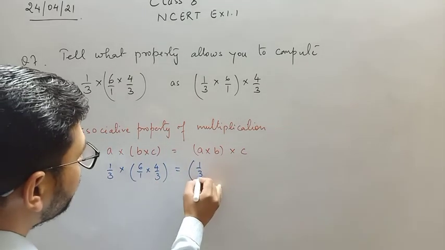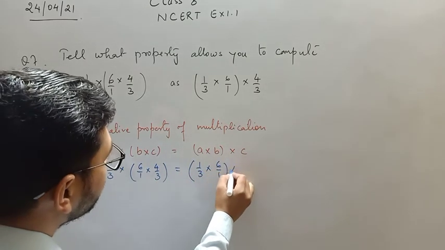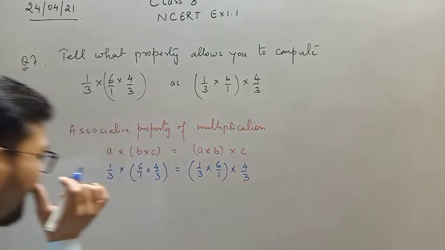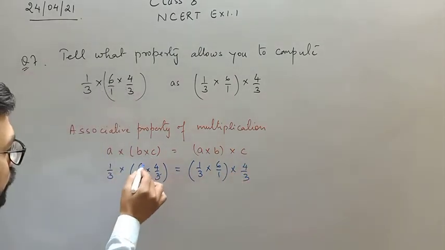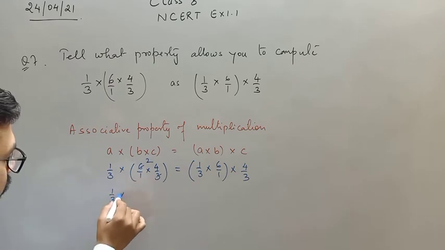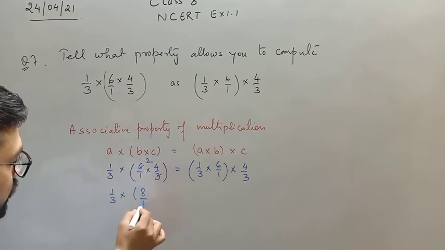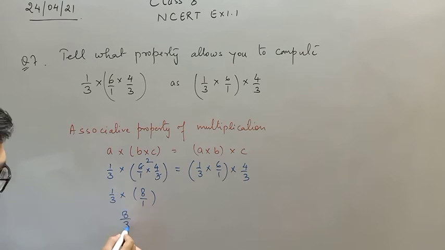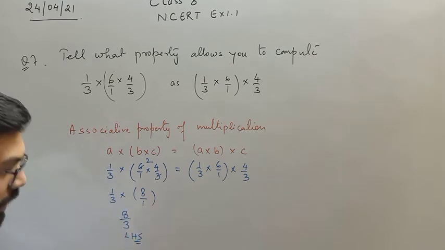A is 1 upon 3, B is 6 upon 1, C is 4 upon 3. 3 2s are 6, so 1 upon 3 into 4 2s are 8. So 8 upon 3.